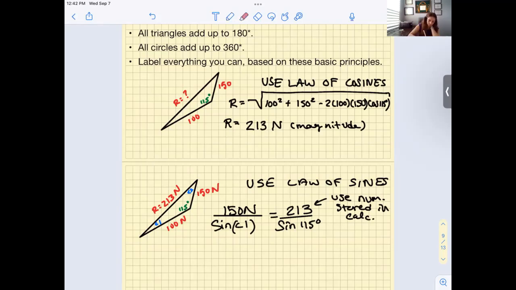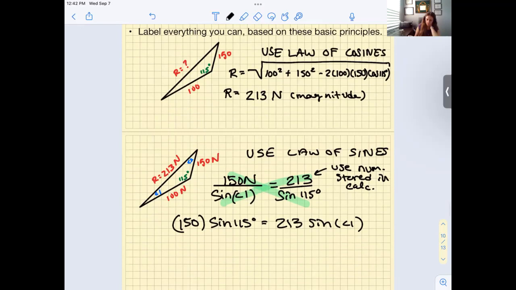Okay, so then I'll do a little quick algebra review. You're going to cross multiply. So you've got 150 times sine of 115 equals 213 times sine of angle 1. Questions about what I just did? Trying to isolate angle 1, we're going to divide by 213 on both sides.